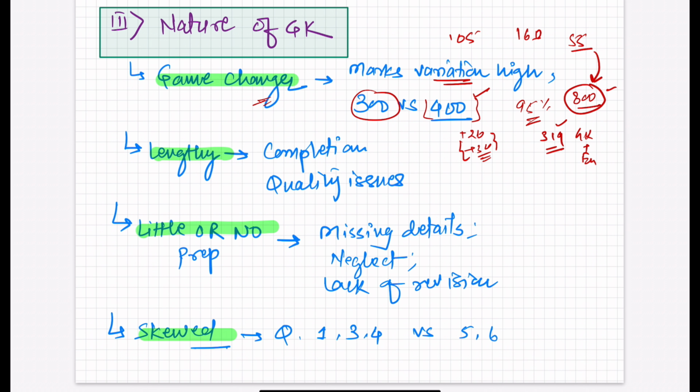The main issue that arises here is its lengthy nature. Here you need to write 24 questions compared to 20 in CSE, and some of the questions demand details. So completion becomes an issue, and where details are there, quality becomes an issue, as for the entire period you end up just on completion.